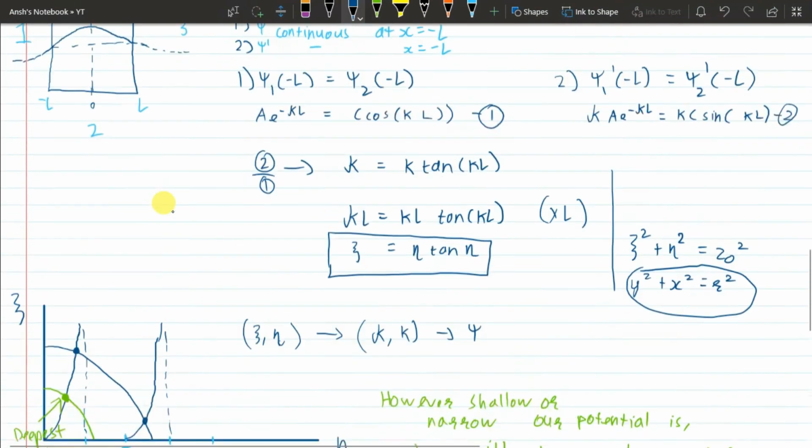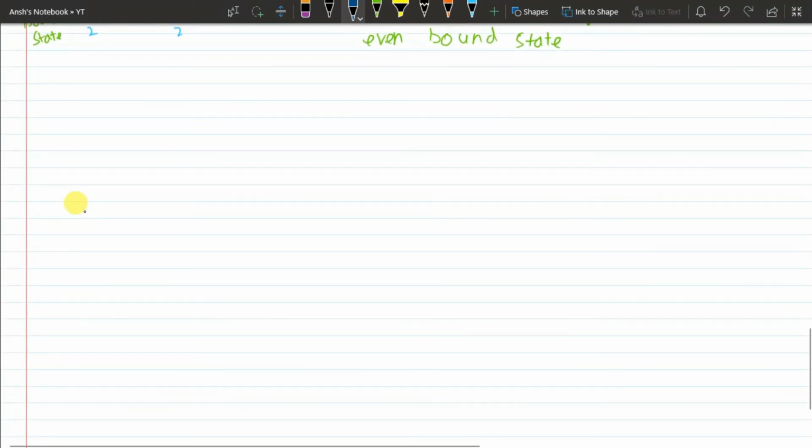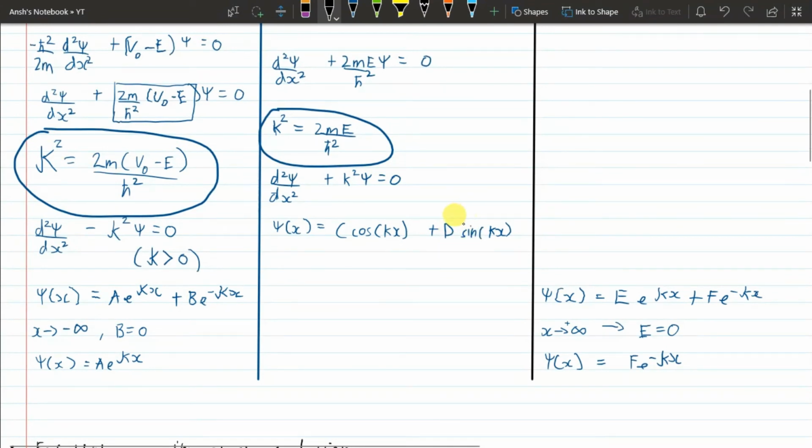So you notice that we have only solved for even solutions. Now we'll solve for odd solutions. The procedure is very similar, but since we have odd states, inside the well in region 2 we'll only have sines, since cosines are even.